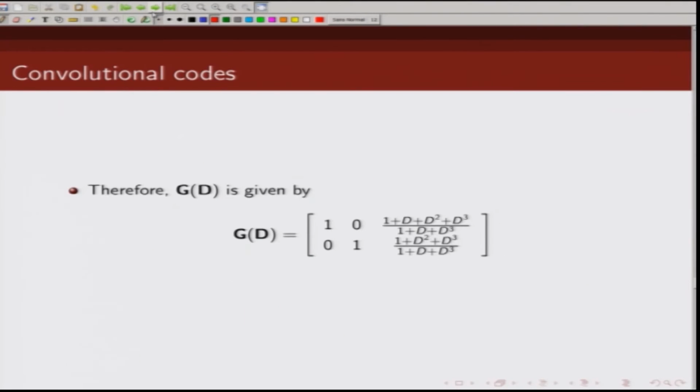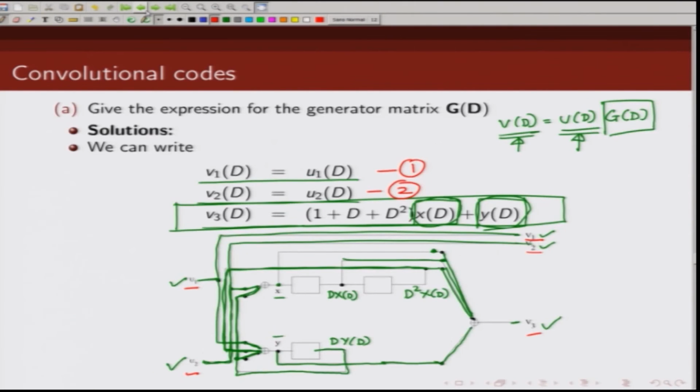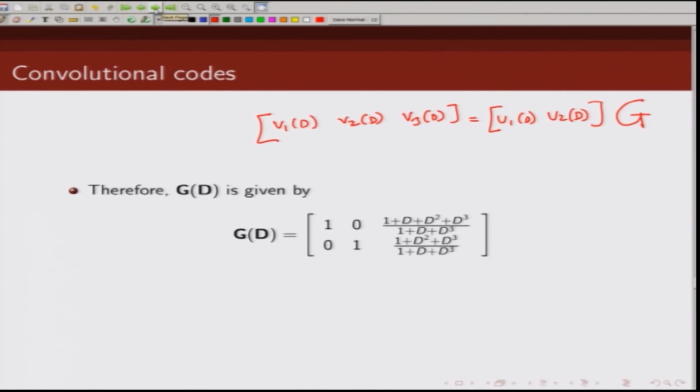So, we are writing v1d, v2d, v3d in terms of u1d, u2d and this G matrix. So, what is v1d? v1d is u1 of d. So, then our G matrix here, again this G matrix is 2 cross 3.